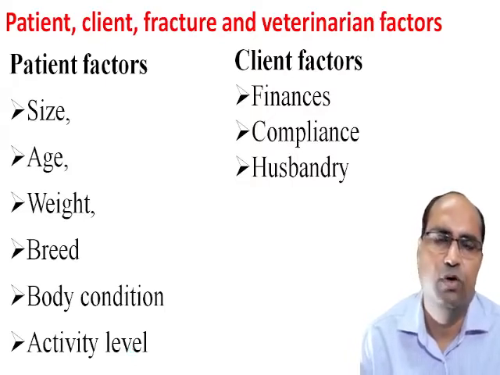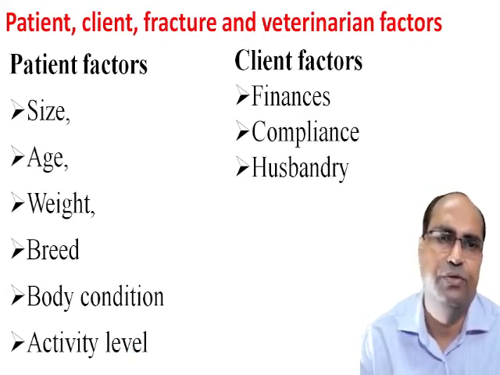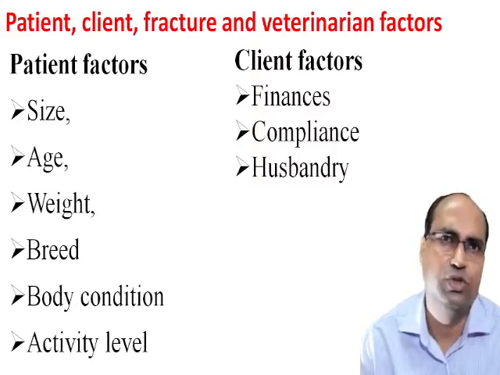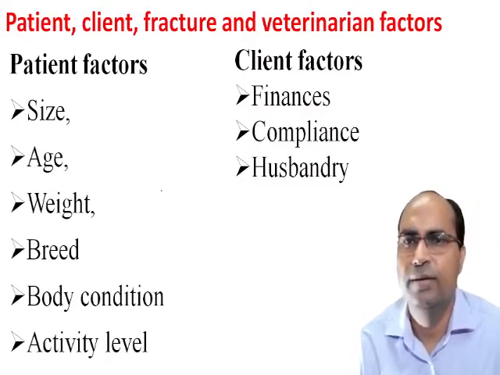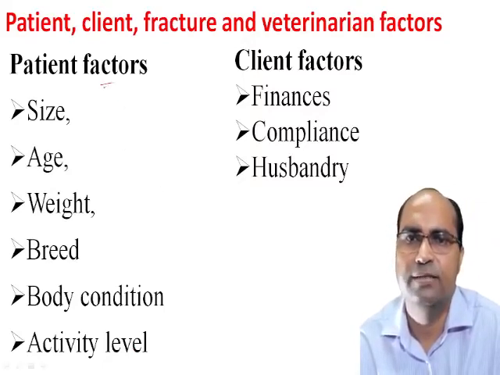For the selection of the suitable immobilization technique, these are some factors: patient, client, fracture, and veterinarian factors, which are helpful in selection of the suitable immobilization technique. So first we discuss the patient factor.